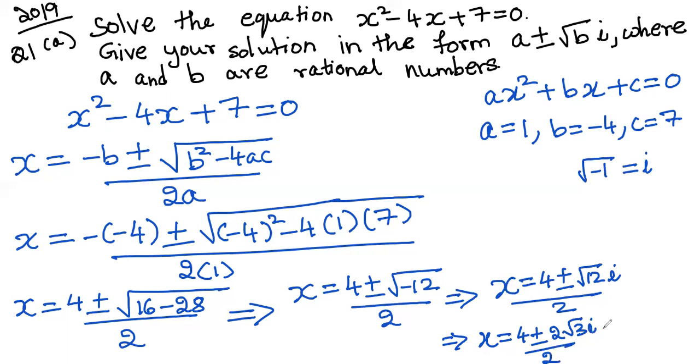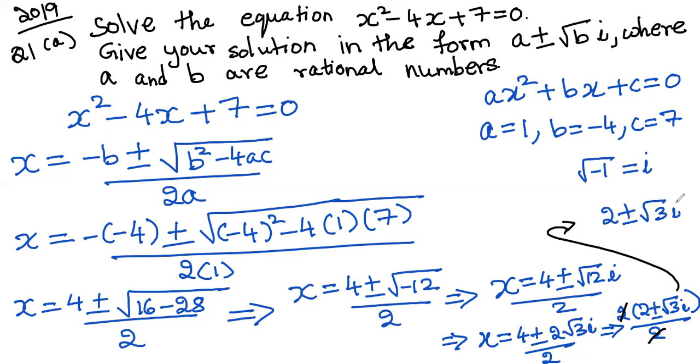If you take 2 as a common factor, we get 2 times 2 plus or minus root 3i over 2. So the 2 and 2 get cancelled, and therefore I will just write the answer over here. We have the answer as 2 plus or minus root 3i.